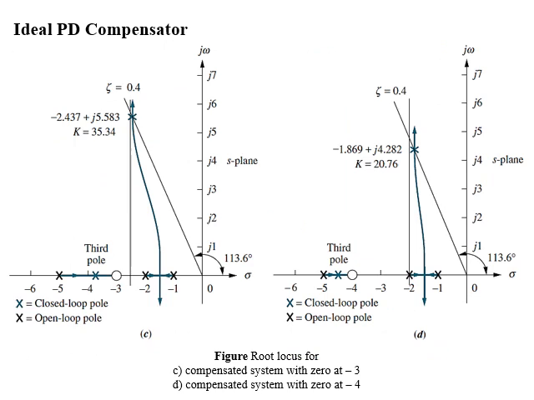Students, figure C and figure D represent root locus of compensated system for 0 added at -3 and -4 respectively. You will observe the change in location of dominant pair of poles as 0 moves towards the left, and with this gain is also decreasing. As in each case, dominant pair of poles is lying on line of constant damping ratio, so percent overshoot will be same.